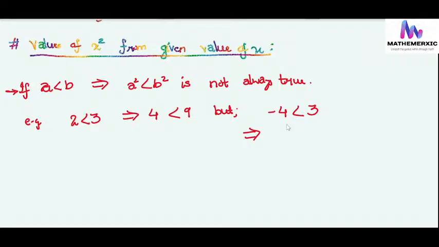If you square it, squaring it means, let us say, multiplying with minus 4 on both sides. This will change, it will be minus 4 here like this.